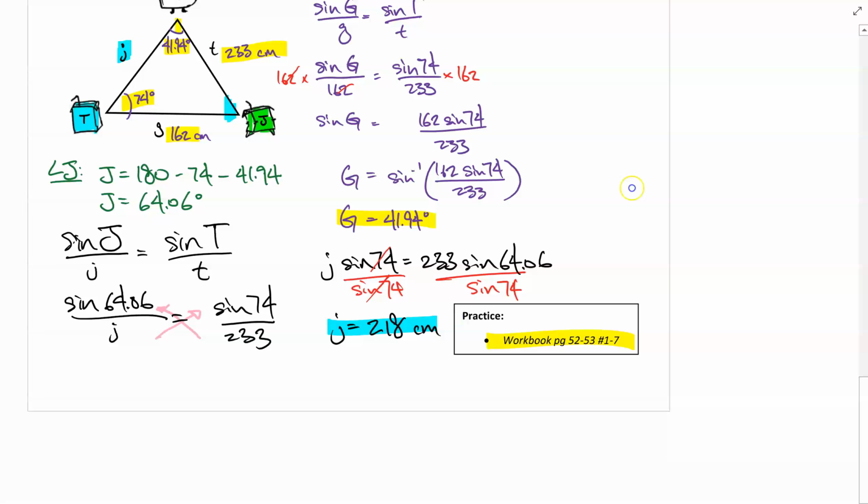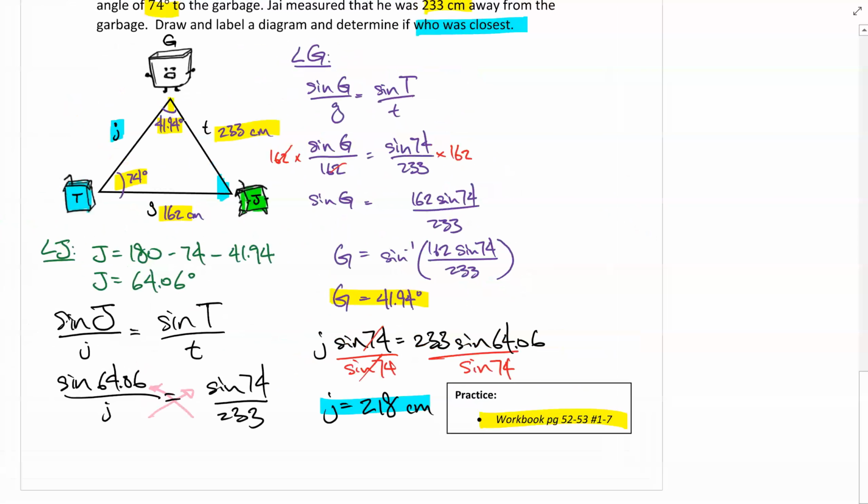Okay, is that our final answer? Actually, no, it isn't, because the question originally is who was closest. So to answer that, we have to say if this is 218 centimeters, and this is 233, it looks like the 218 centimeters is closest.